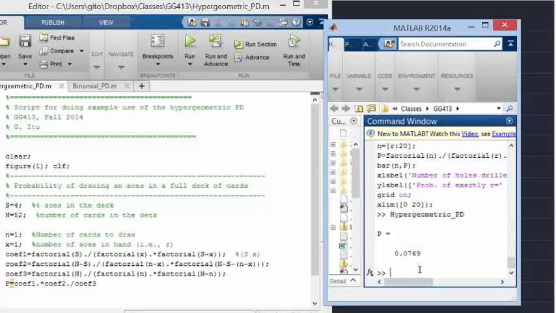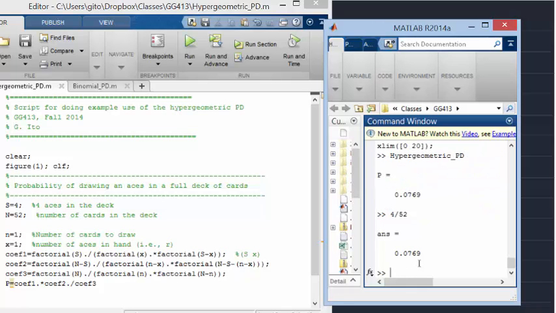That's the same as 4/52. You should work out on paper why these factors give the intuitive answer of 4/52, and we went through that in one of the previous lectures.